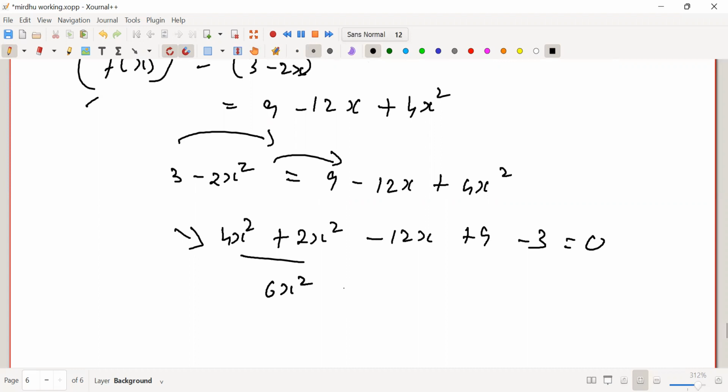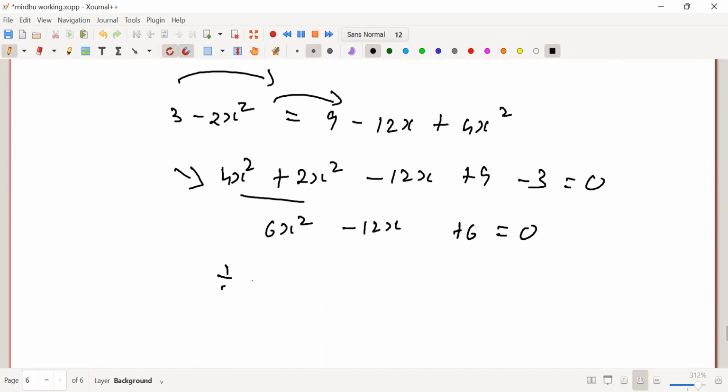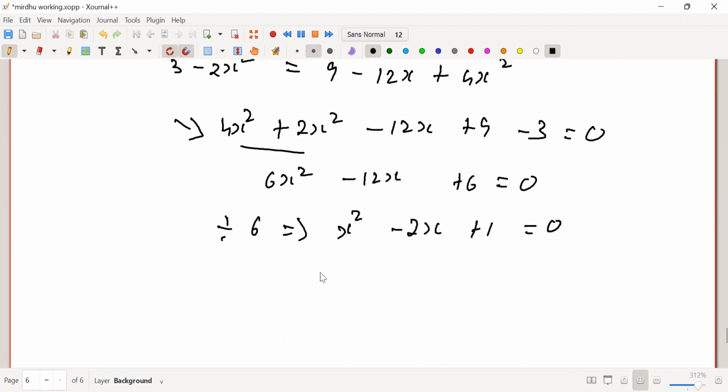So 6x squared minus 12x plus 6 equals 0. If I divide by 6, I get x squared minus 2x plus 1 equals 0. This is (x minus 1) whole square equal to 0. So x equals 1.